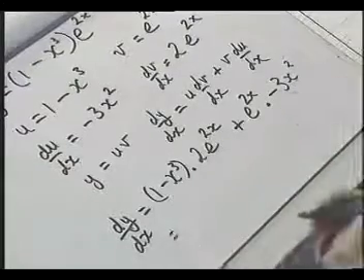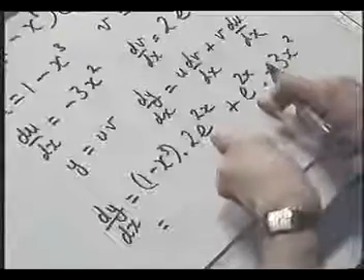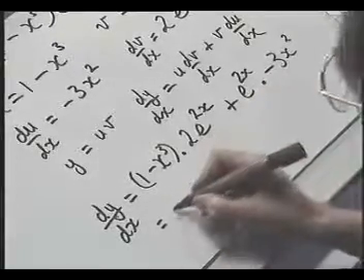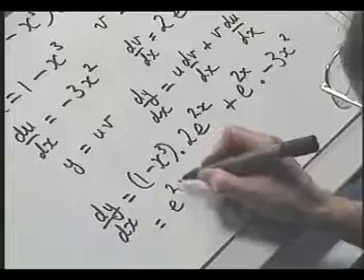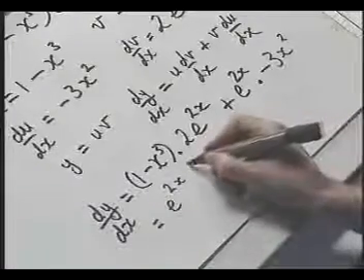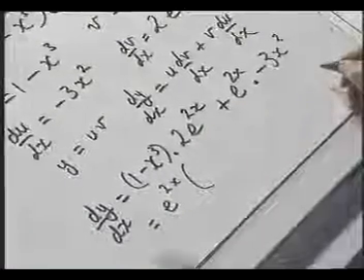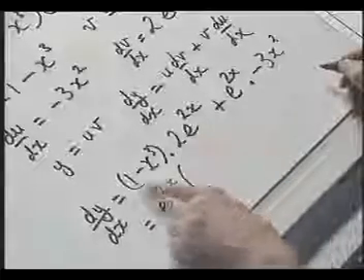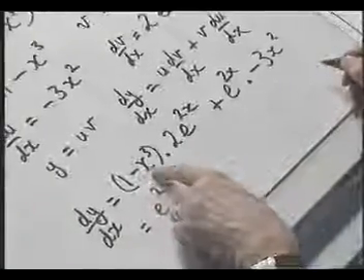And as we've done before, let's look for any common factors that there might be. And here we've got a common factor of e to the 2x in each term. So let's take that out, e to the 2x, which will leave us with, well, here we've got 2 times 1 minus x cubed.